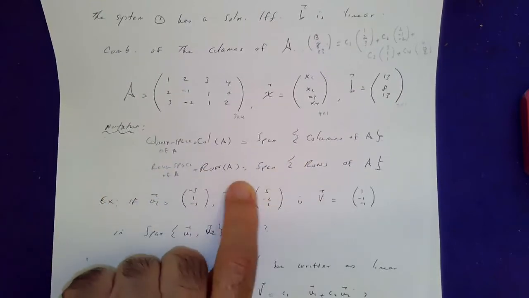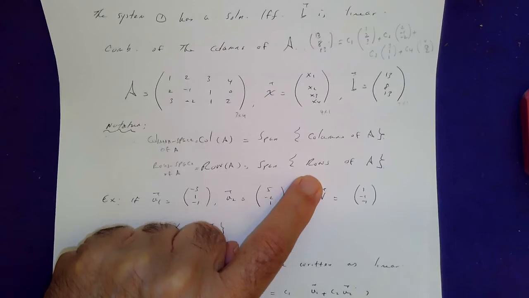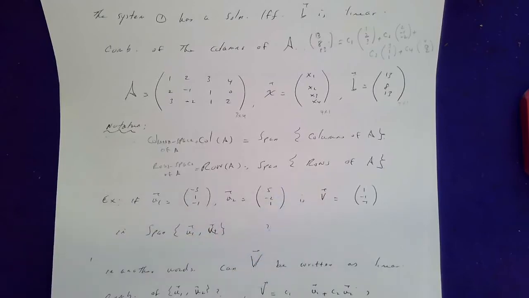And row space is all linear combinations of rows of A.